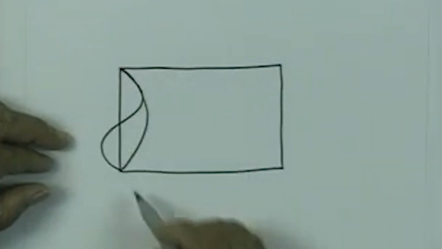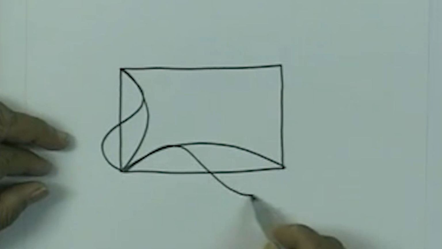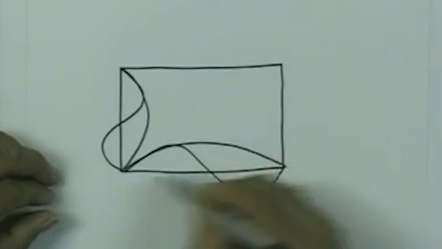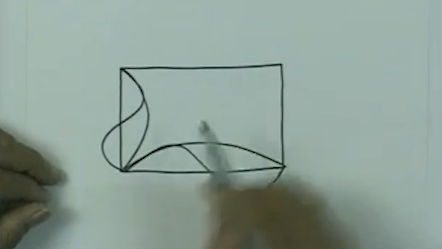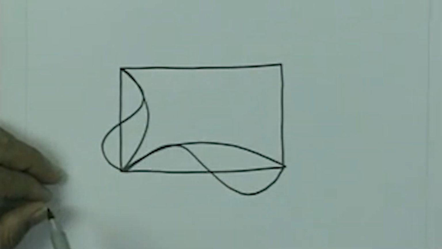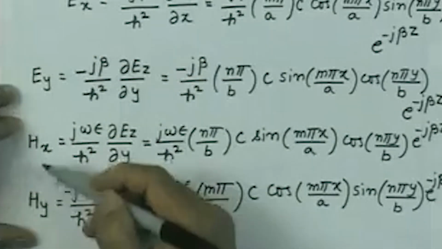The same is true for half cycle variation in this direction, or it could be like that. So, the Ez is 0 at this point, and the maximum here if m is equal to 1, maximum here along this if n is equal to 1, and so on.